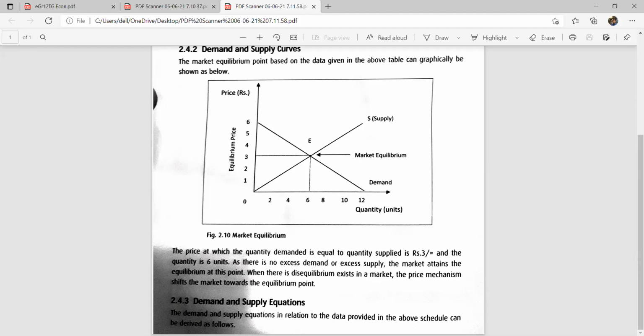Next one, change in both demand and supply. Earlier we understood the other factor remained the same. Right now, both factors change, both demand and supply change at the same time. One is increasing both demand and supply.